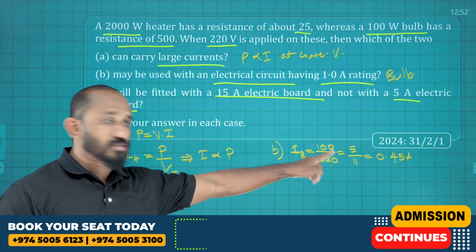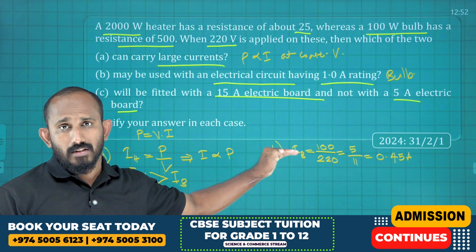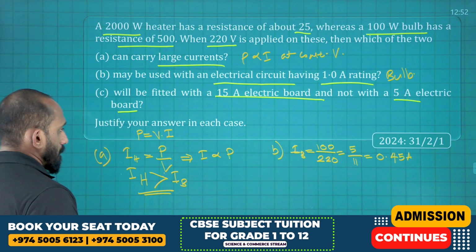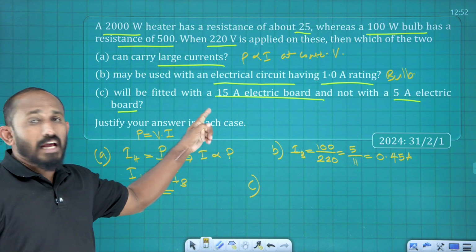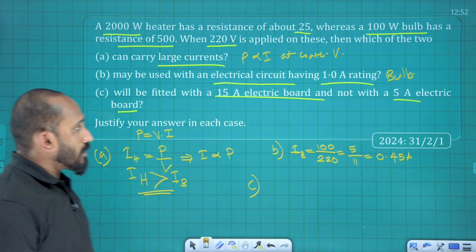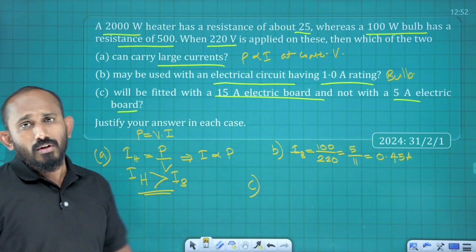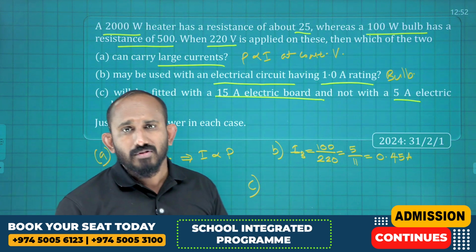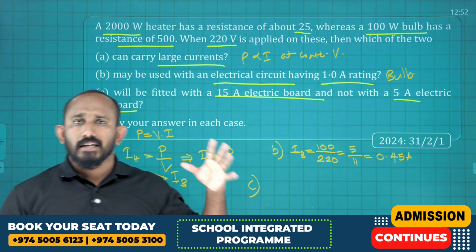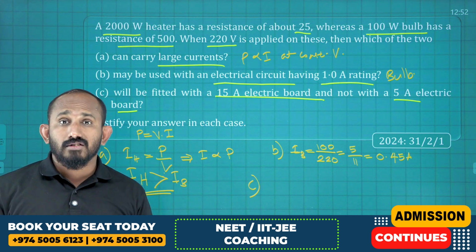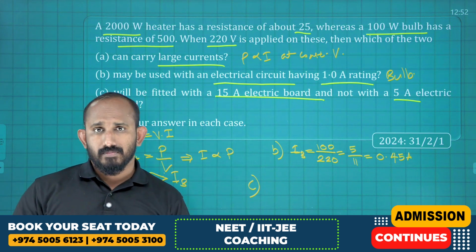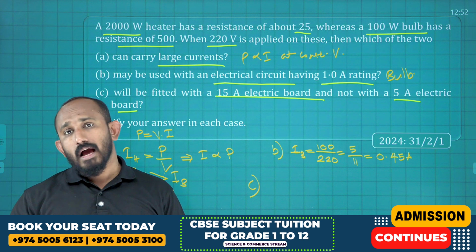So you have to do these calculations. That's a justification. Now the part C: will be fitted with a 15 ampere electric board and not with a 5 ampere electric board. In our domestic circuit, we have 5 ampere, 10 ampere or 15 ampere circuits. So the devices which have greater powers have to be fitted with high ampere cases.